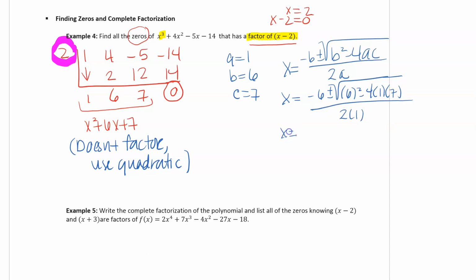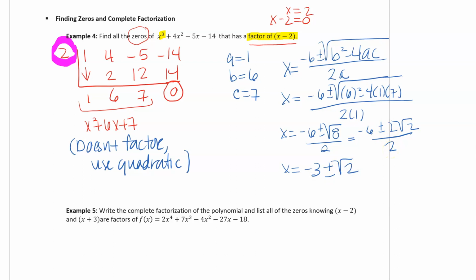Cleaning that up, that gives me x equal to -6 plus or minus the square root of, I'm just going to plug all that in my calculator, and I get a value of 8 over 2. I can see that that would be -6 plus or minus 2 square roots of 2 over 2. And then that would shorten to -3 plus or minus the square root of 2, just reducing those 2 by 2.